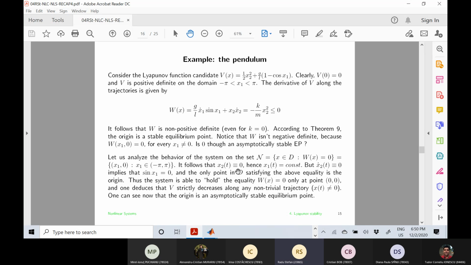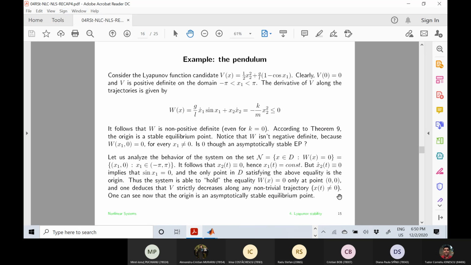Okay, but where does it happen with x1 in this interval, minus pi to pi, that W of x equals 0, meaning sine of x1 equals 0? Only at the origin.